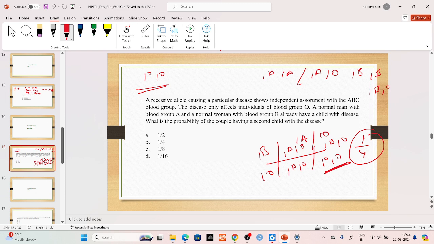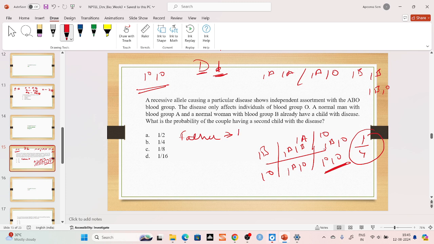Now this disease inheritance, suppose this is your father. Let's say D is the normal allele and d is the diseased one. This allele is the normal one, it will produce a normal phenotype, and this allele for the disease will produce a diseased phenotype.